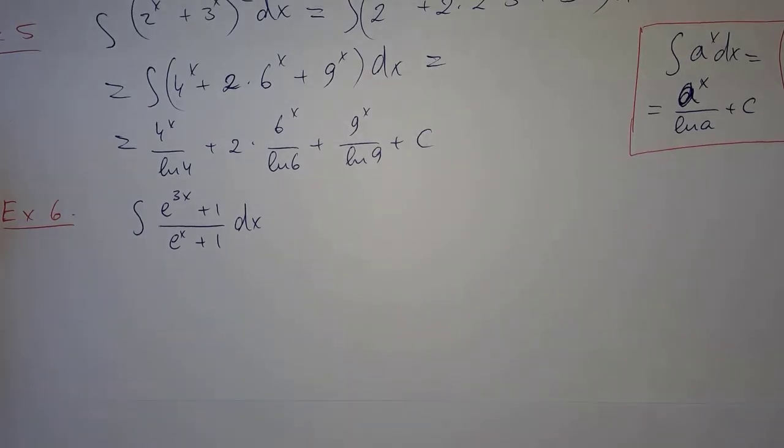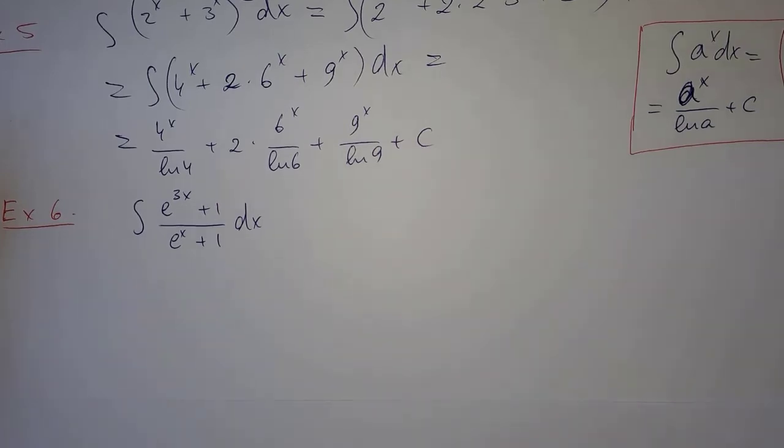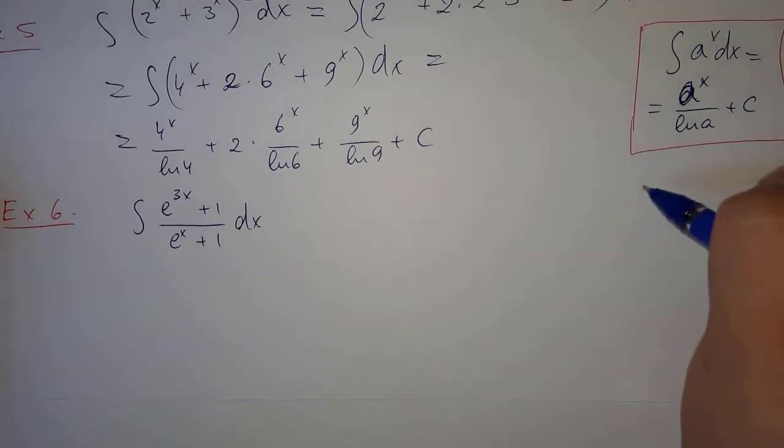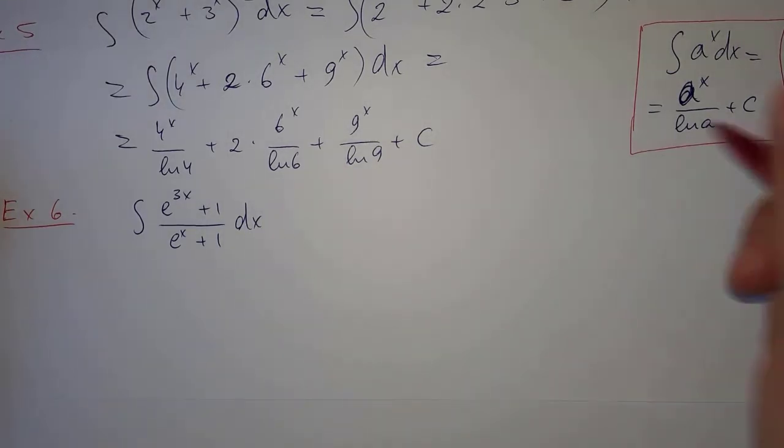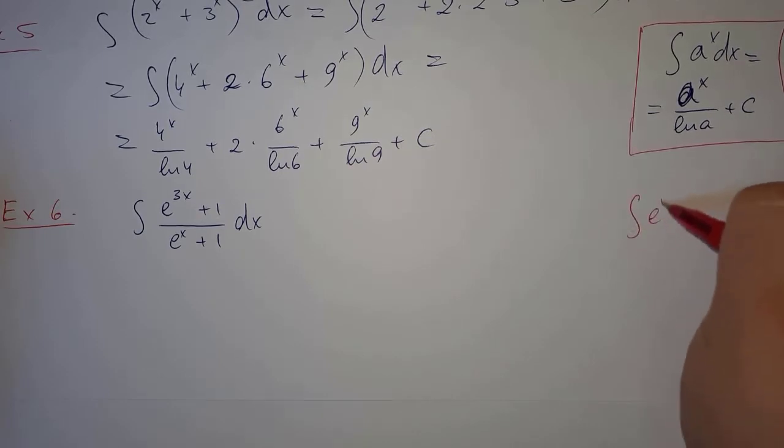And now let's move to the next example. The integral of e to the power of 3x plus 1 over e to the power of x plus 1 dx. So here of course we need to use the table again. So the integral of e to the power of x dx was just e to the power of x plus c.